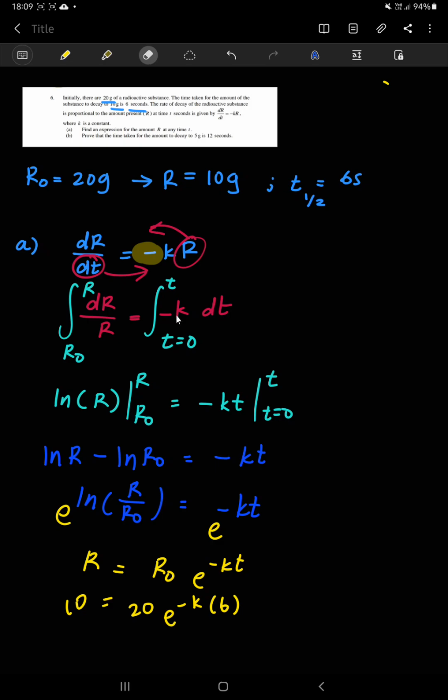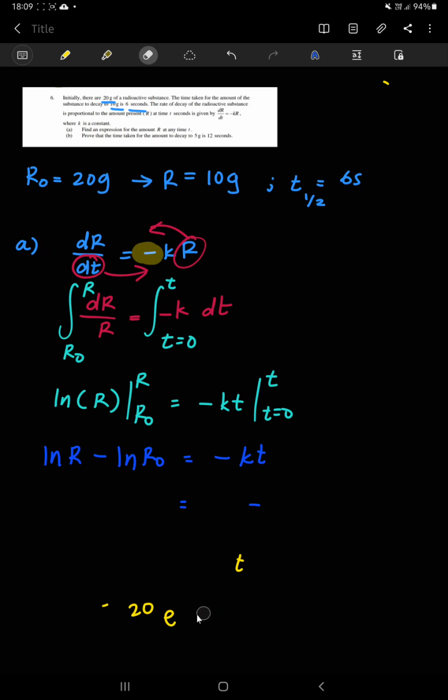Maybe we don't have to raise both sides by e, instead we can do it like this, which is a better way. First, ln R divided by R0 is negative kt.